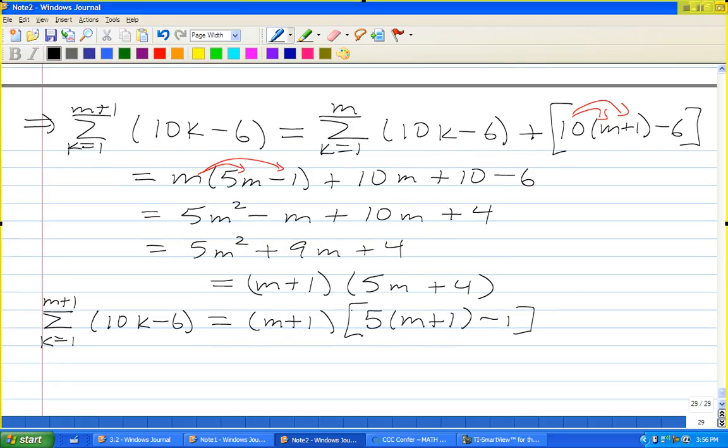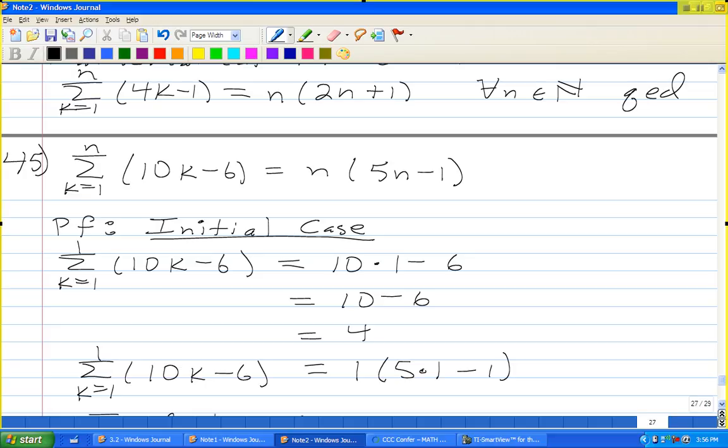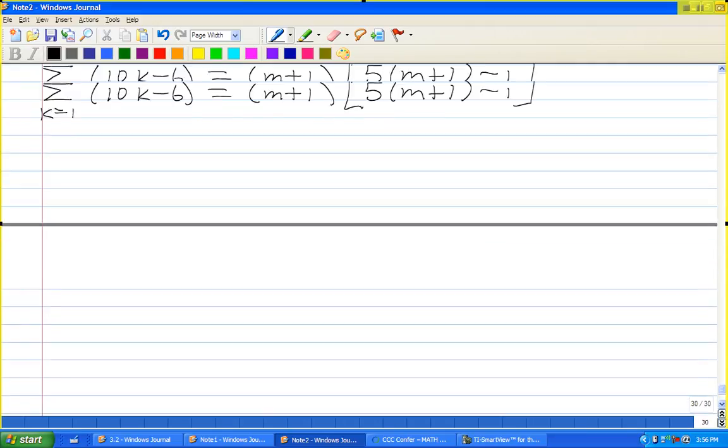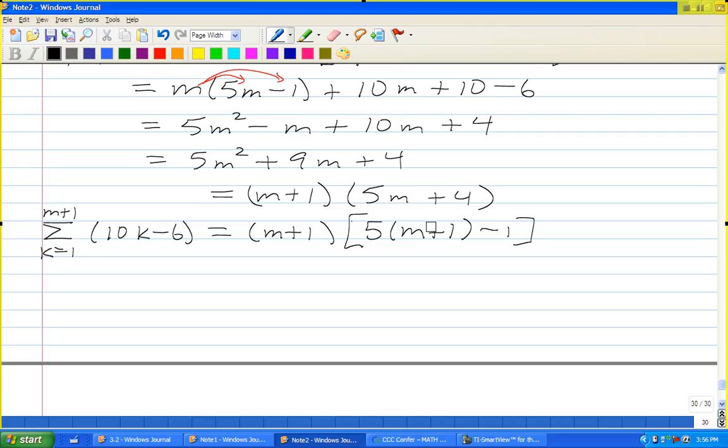And now I notice that if I replace n by m plus 1, this formula works. And so I've shown the induction case holds.